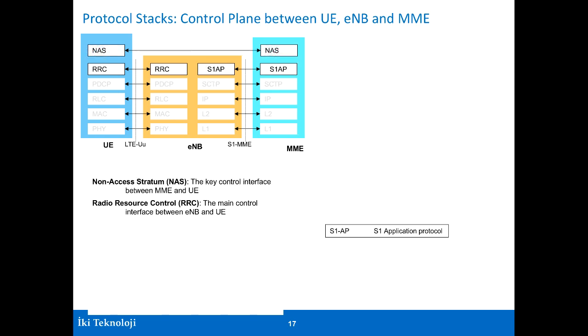And then, of course, the NAS, the non-access stratum communication, is between the mobile and the MME, and this is used, for example, for authenticating the UE or for doing tracking area updates. So these are the main communication, the control plane between the mobile and the MME. Obviously, there is more of the control plane, and that is in the next slide.